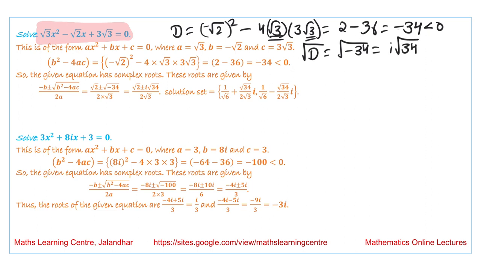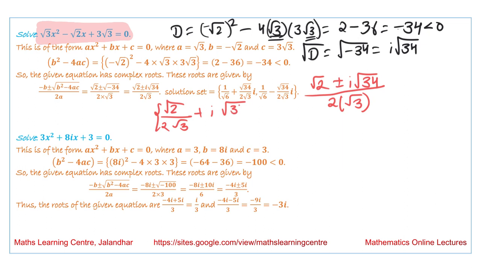So the solution of this equation will be −b, that is √2, plus or minus iota √34, divided by 2 times a, which is 2√3. So the solution set is √2 by 2√3 plus iota √34 by 2√3, and the second is √2 by 2√3 minus iota √34 by 2√3. So this is the solution set that we have.